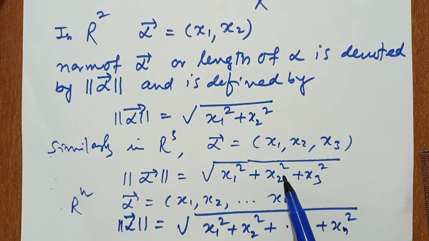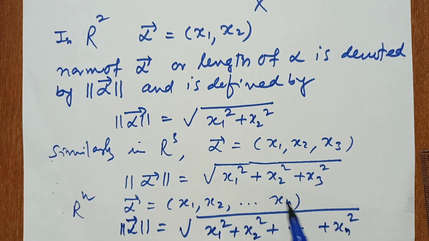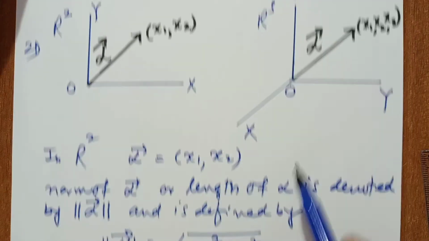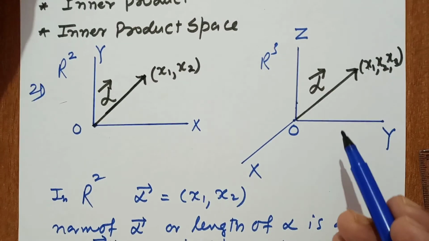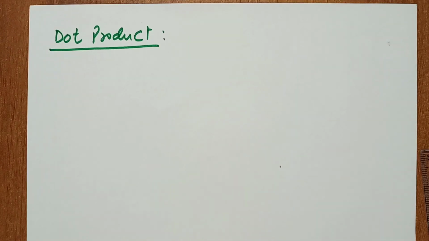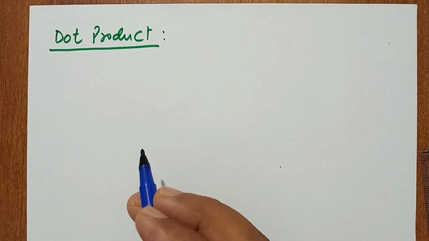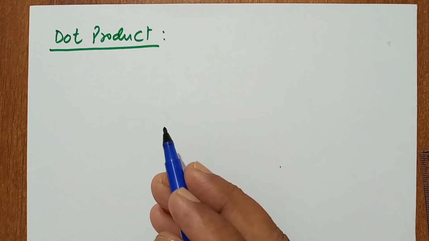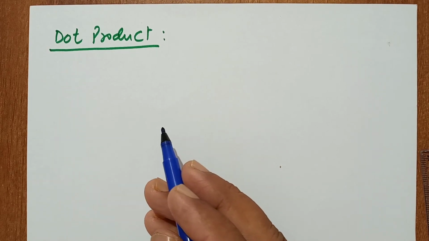In n-dimensional space we cannot visualize as we do in R2 and R3. Now the dot product. As we studied in earlier classes, if alpha and beta are two vectors, then the dot product is denoted by alpha dot beta.